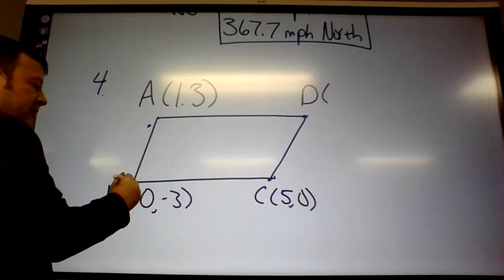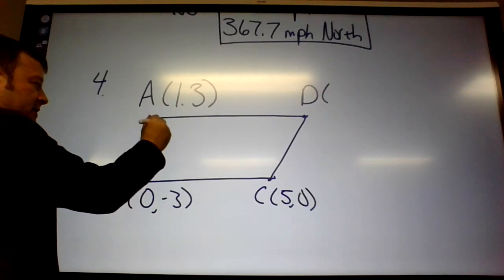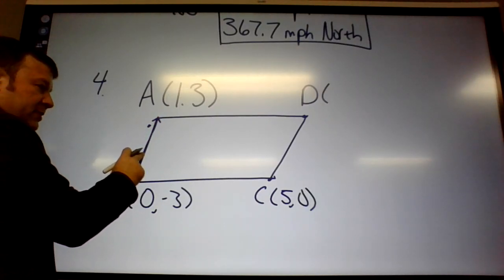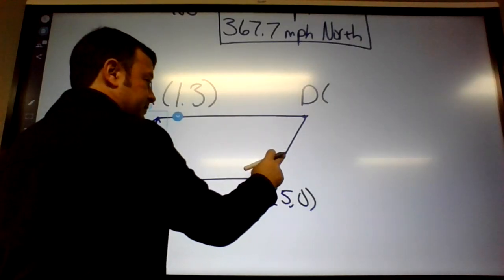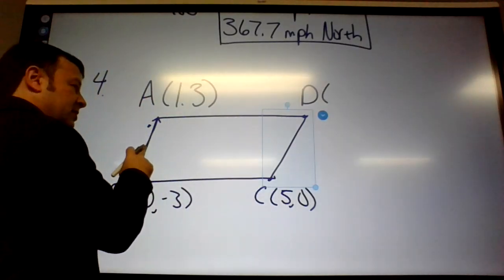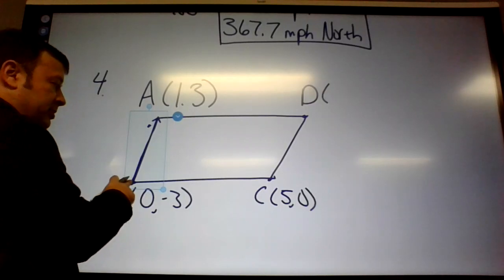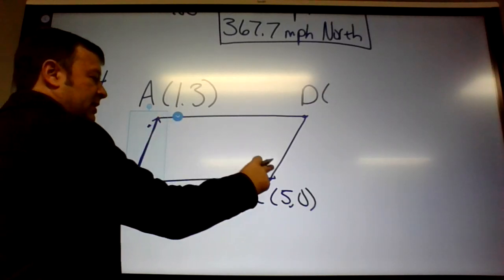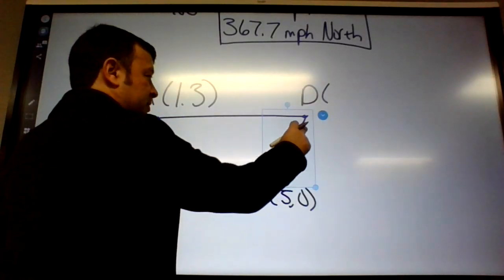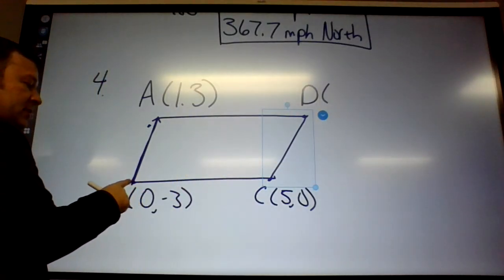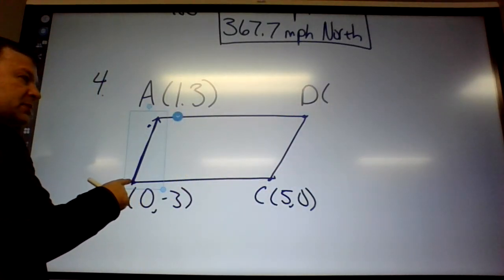Well, whatever this vector is matches this vector, right? They're going the same direction, they're the same length. So if we figure out how to move from B to A, that will be the same as how we move from C to D. So what's vector BA? What's the component there, Shelby?